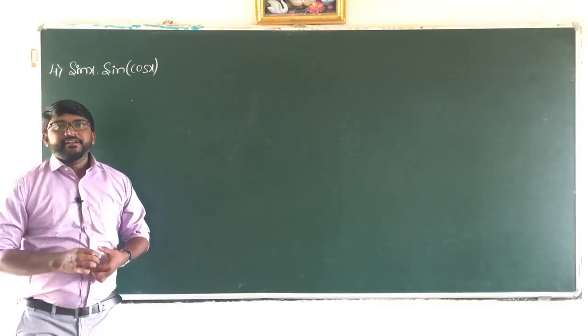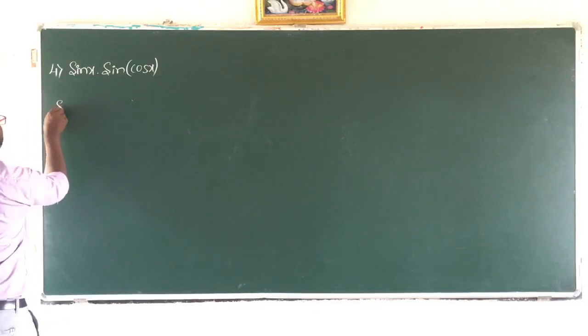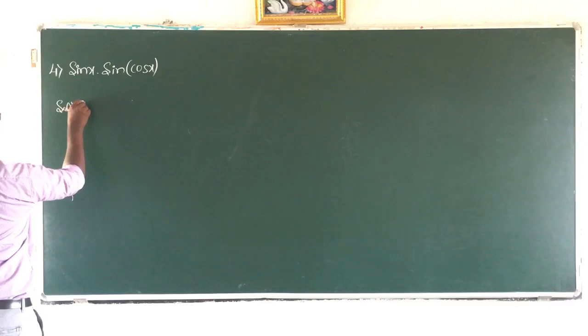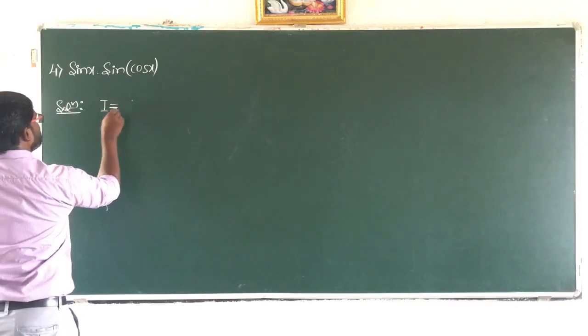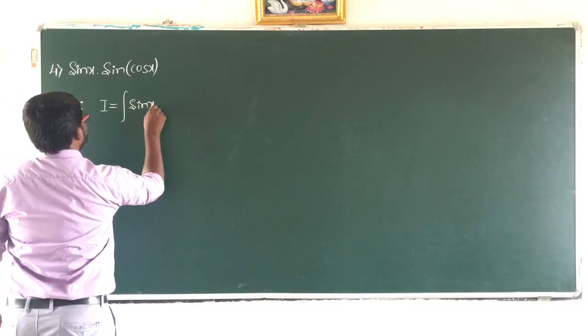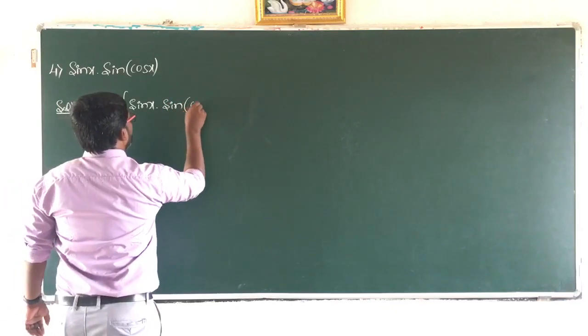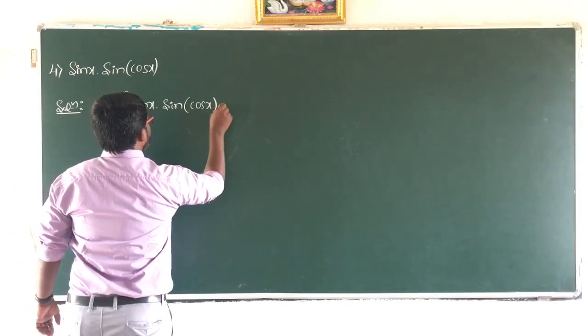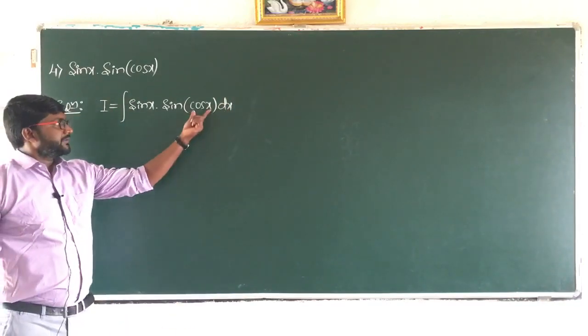The fourth question is sin x into sin of cos x. I take this as I, which is equal to the integral sin x into sin of cos x dx. Now take this as t.